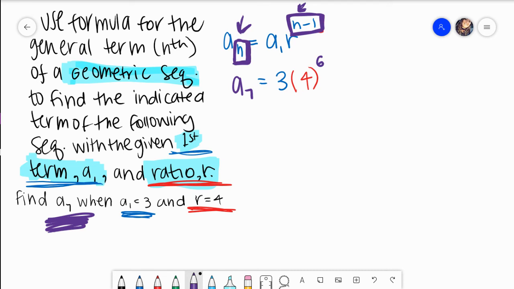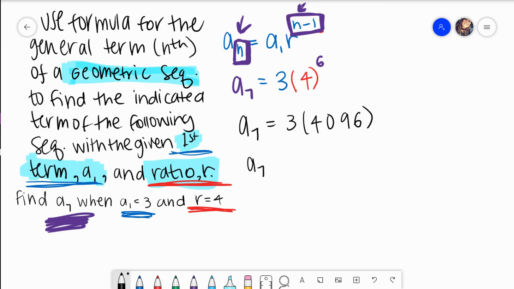I'm grabbing my calculator because I want to make sure I do this correctly. I do not know 4 to the 6th power by heart. Now I'm going to switch back to black. I've got a sub 7 equals 3 times 4 to the 6th power. 4 to the 6th power is 4,096.